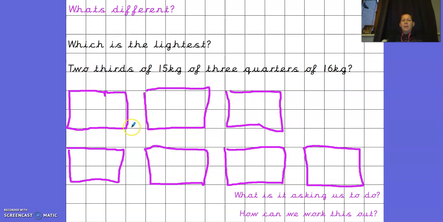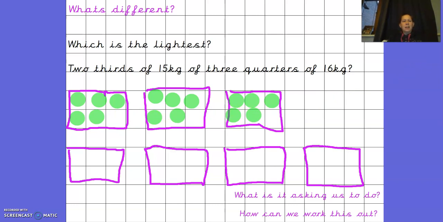Okay, so if I'm splitting something into thirds, I want 3 boxes. Okay, and my whole is 15. So I'm going to share my 15. 1, 2, 3, 4, 5, 6, 7, 8, 9, 10, 11, 12, 13, 14, 15.